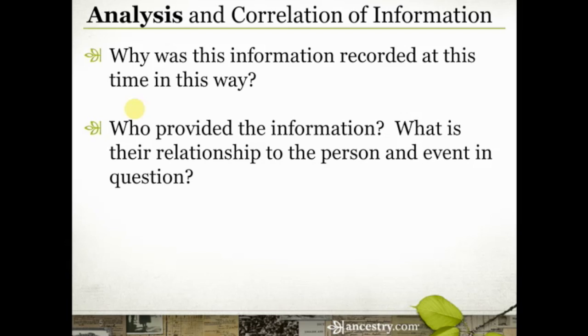The challenge with the census is that until 1940, we have no idea who the informant was to the census taker. In 1940, of course, there is a little circle with an X next to the name of the person in the household who provided the census taker with the information. Prior to that, there is no notation at all.